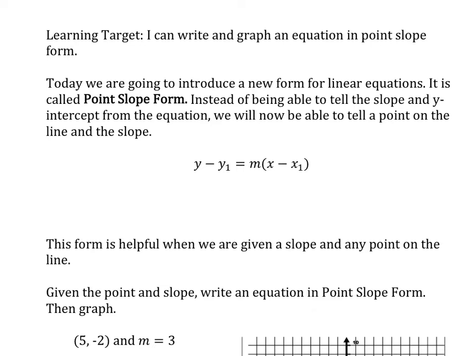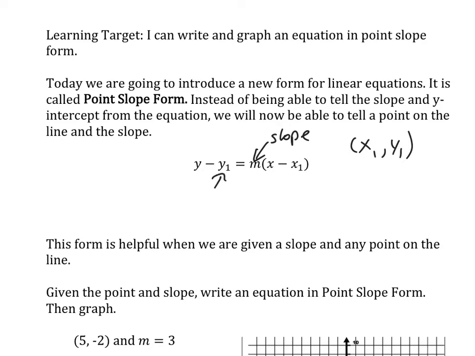So if we have this equation, this is point-slope form, we have y minus y1 equals m times x minus x1. Well, we already know that m is always going to be the variable that we use for slope. And if we're given a point, x1, y1, that's where these coordinates come from.